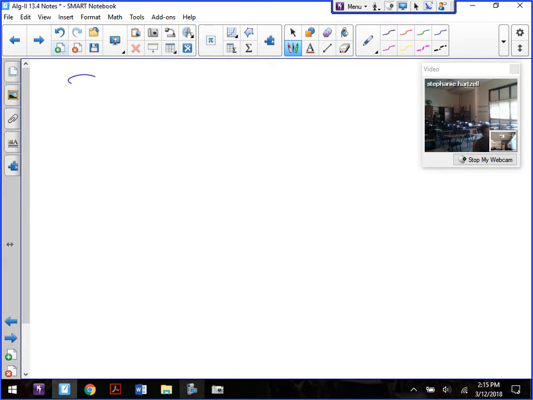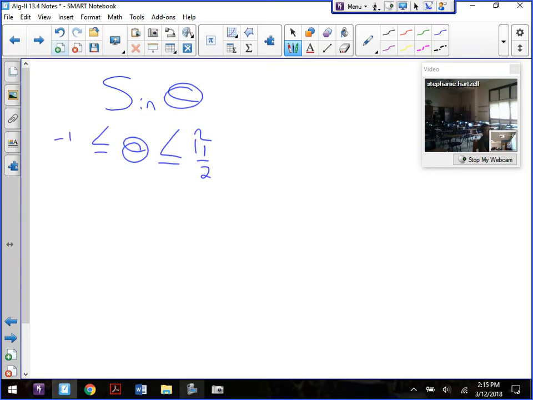For values of sine, when we're trying to figure out the angle whose sine we're searching for, theta is going to be somewhere between pi over 2 and negative pi over 2. What this looks like is here. We search for sine between those two quadrants. By doing that, that gives you all of the positive values you can get, as well as all of the negative values you can get.